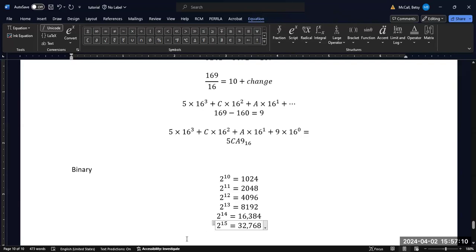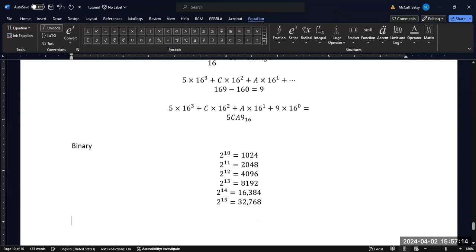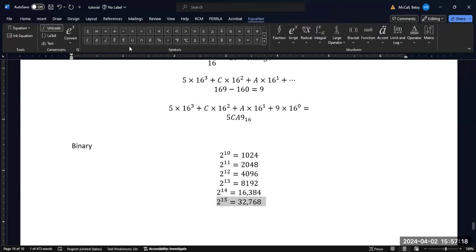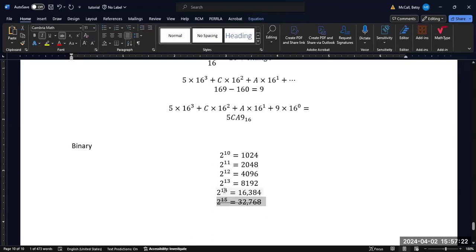Okay, so now this is higher than the number we have. And so we can stop here. If I strike that through, our first digit will be 2 to the 14th.